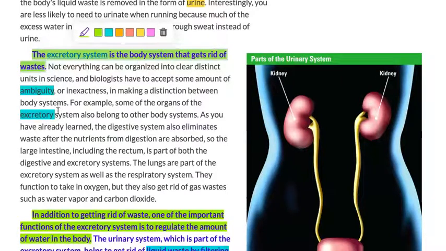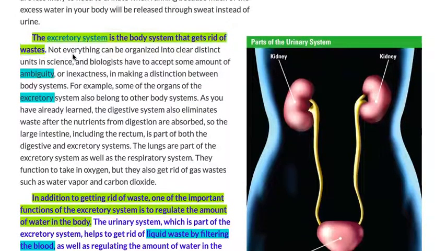Not everything can be organized into clear, distinct units in science, and so biologists have to accept some amount of ambiguity or inexactness when making a distinction between body systems. For example, the excretory system also belongs to other body systems.